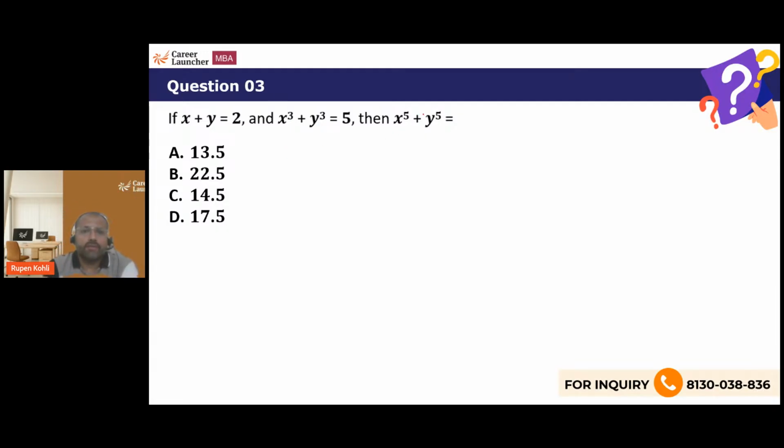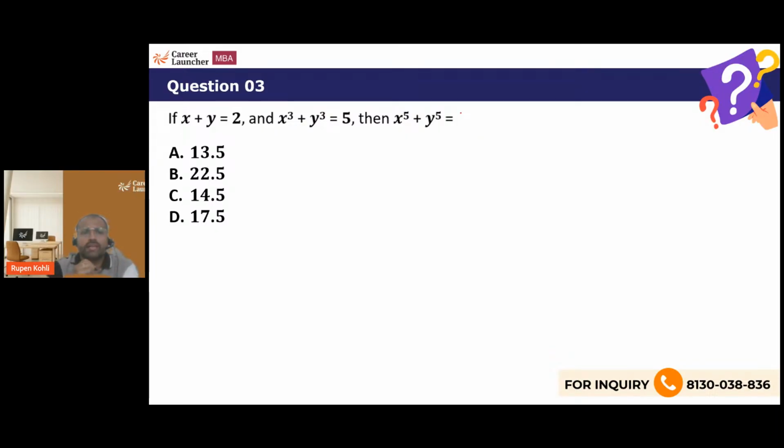We have the power 5 over here, we have power 1 and 3 over here. Now such kind of questions are dealt with by trying to break the power into smaller powers which we can find. So what I'm trying to say is that this is power 5, and 5 is 3 plus 2.